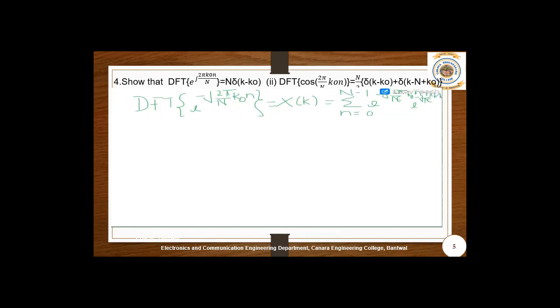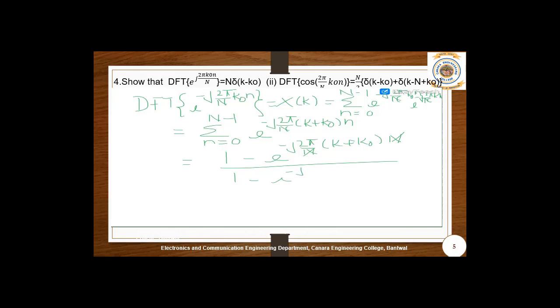This gives summation n from 0 to N minus 1 of e to the power minus j 2 pi by N (k plus k naught) n. Applying the geometric series, we get 1 minus e to the power minus j 2 pi (k plus k naught), where this N and this N get cancelled out, divided by 1 minus e to the power minus j 2 pi by N (k plus k naught).